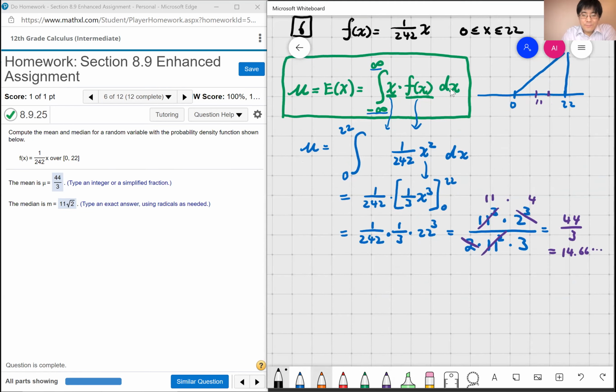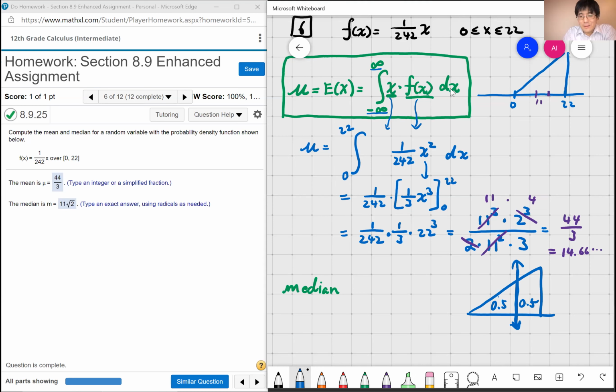So that's the mean. Now, next, we need to find the median. What is a median? The median is a place that cuts the region into two regions whose areas are both 0.5. So you need to find the position of the vertical line that separates the area under the curve into two equal areas.